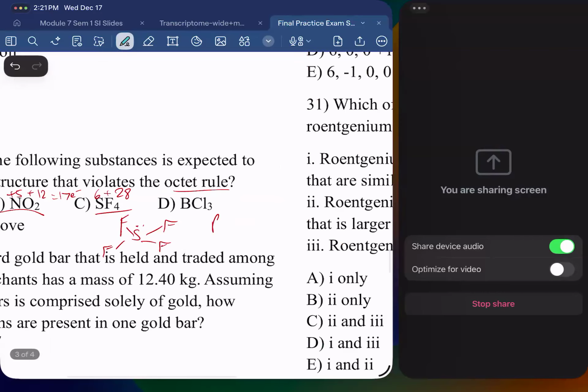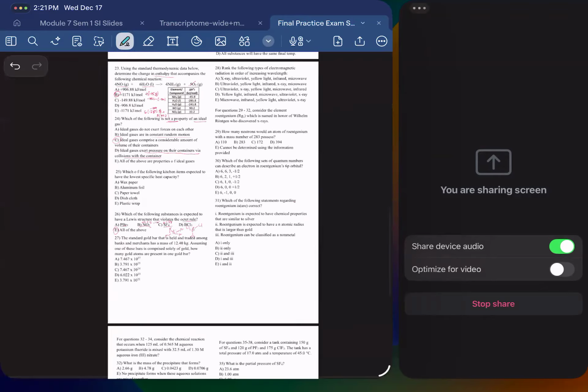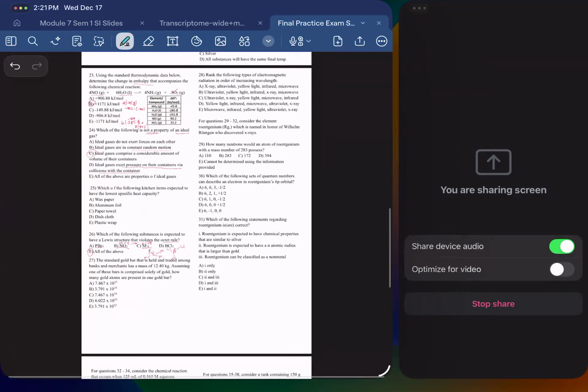And then for boron trichloride, this is an electron deficient molecule. So that means that there'll only be bonds like this. So that's why all of them violate the octet rule. All right. Any other questions or any sort of concerns about these questions that you want me to go over?